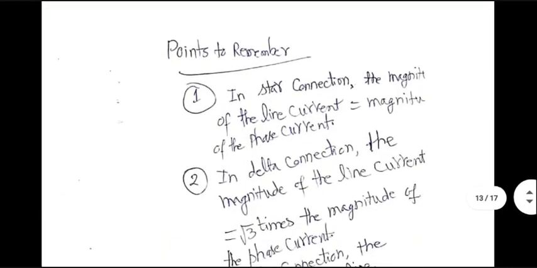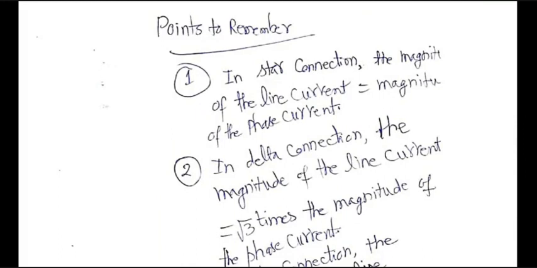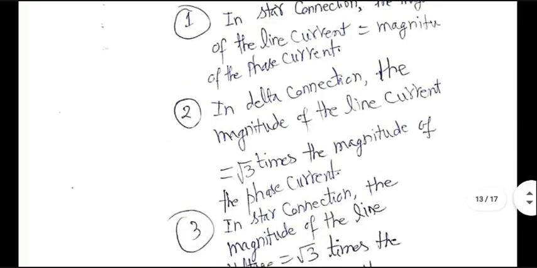Now, there are a few things that you should remember, and some of them are proven already, some of them may be proven later. In star connection, the magnitude of the line current is the magnitude of the phase current. We have seen that, no issue at all. In delta connection, which I still have to prove, but at least I'm mentioning it to you, the line currents will be different from phase currents.